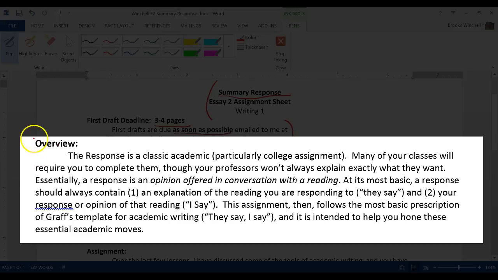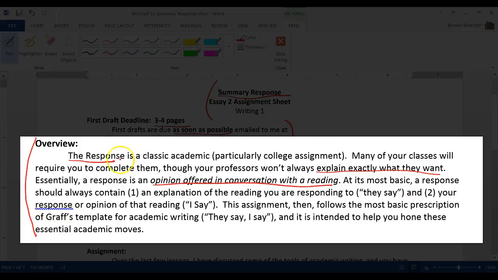The response, or the summary response, is a classic academic, particularly college, assignment. Lots of colleges give this assignment, lots of classes give it. Many of your classes will require you to complete them, though your professors won't always explain exactly what they want. Essentially, a response, or a summary response, is an opinion offered in conversation with a reading.